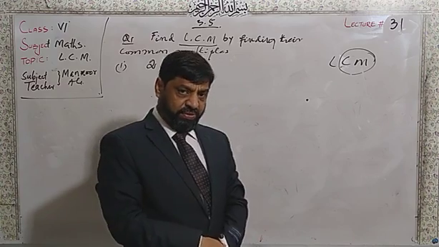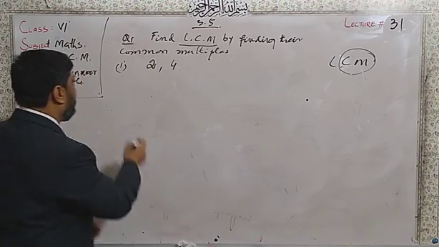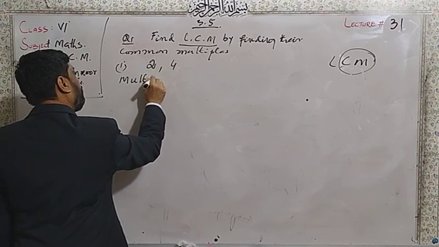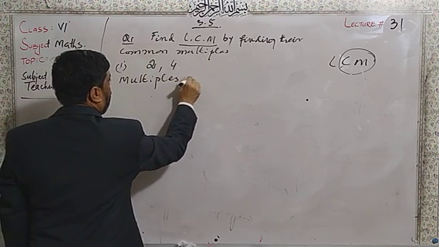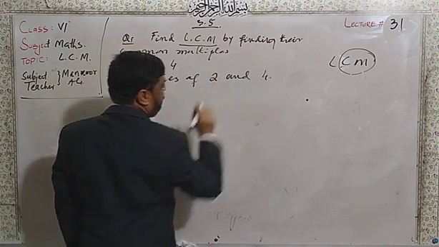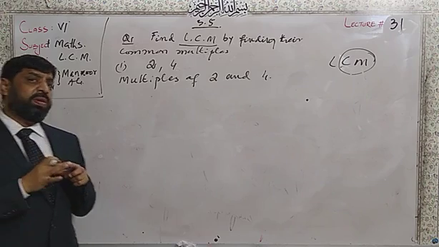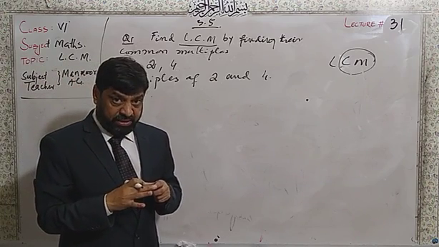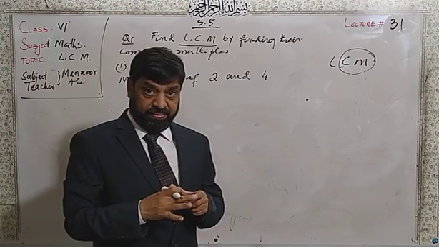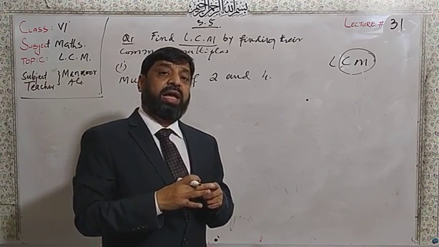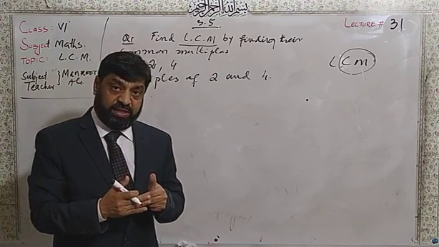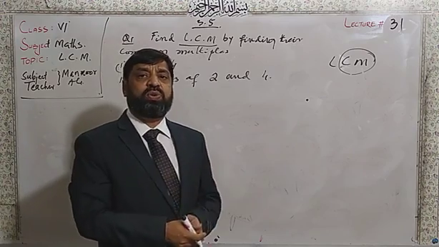L means lowest value. I will start here with multiples of 2 and 4. At least 2 common multiples are very important.